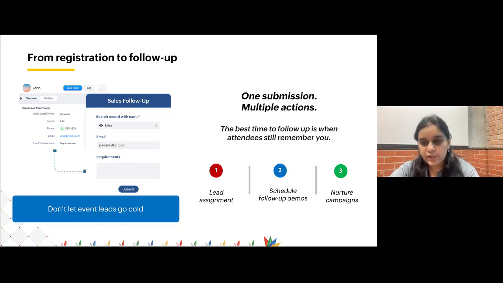First, Richard's record is created in the CRM and assigned to the right sales owner based on his tier, his session preference, and his stated requirements. Second, the sales representatives plan follow-up demos with Richard and other high-intent leads. And third, nurture campaigns for leads who aren't ready to buy yet.